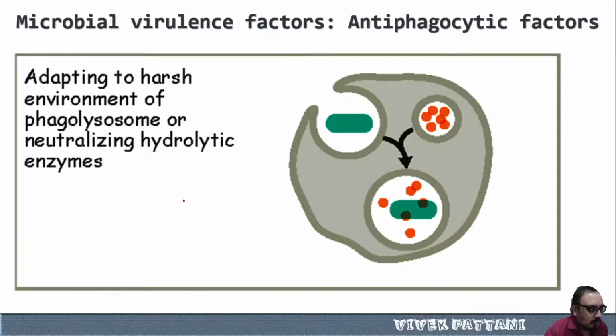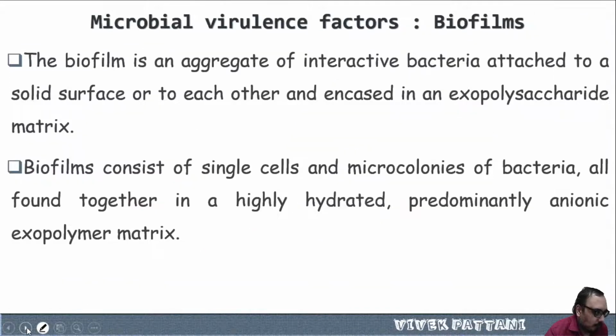Next one is by adapting to the harsh environment of the phagolysosome and neutralizing the hydrolytic enzymes. Even if it grows inside a phagocytic cell, some bacteria have the capability to adapt to this environment.